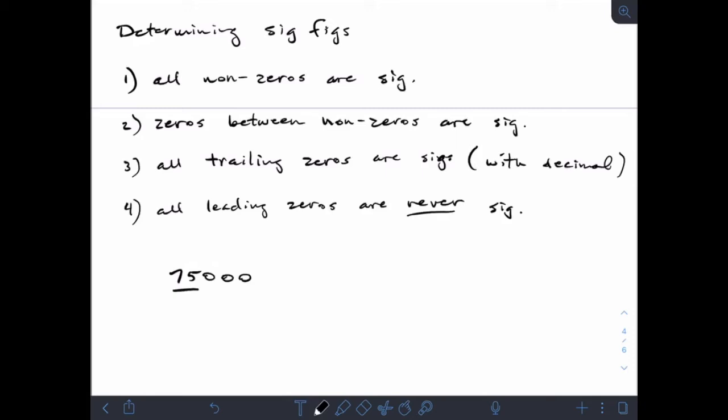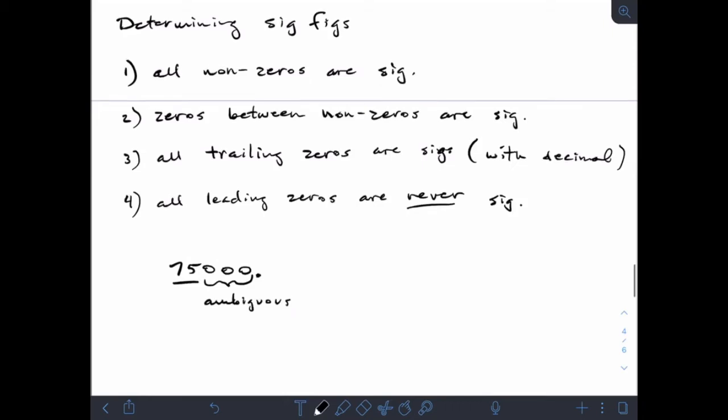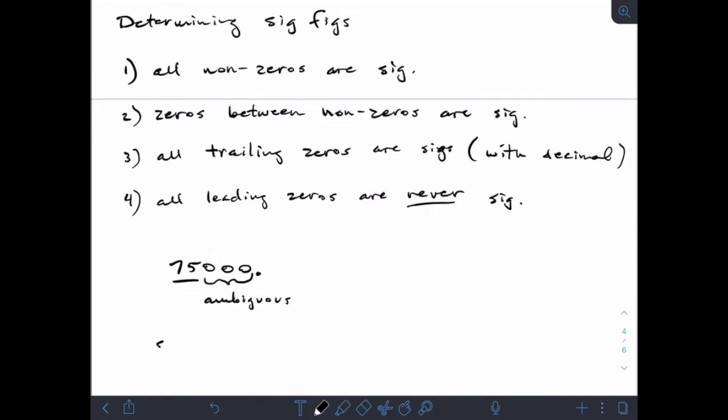So that means that these digits are ambiguous. But if I put a decimal place there, now they count. One way to avoid this is scientific notation.